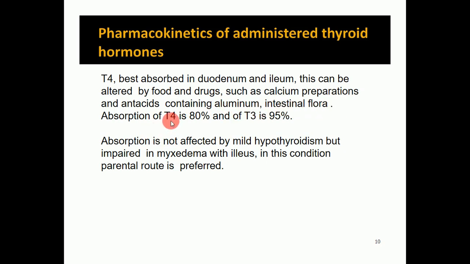The absorption of tetraiodothyronine is almost 80%, and the absorption of triiodothyronine is 95%. The absorption is not affected by mild hypothyroidism but is impaired in myxedema with ileus, and in that condition the parenteral route is preferred.